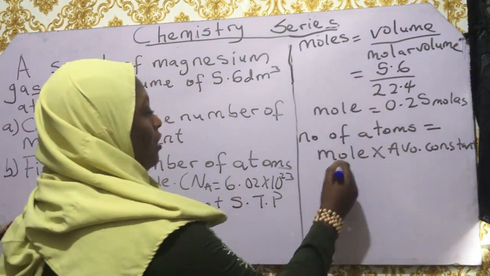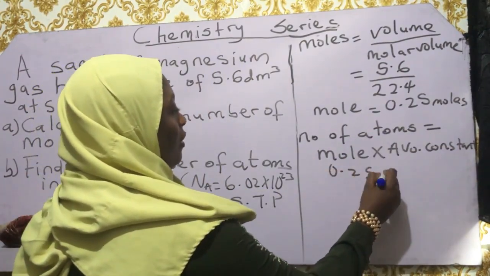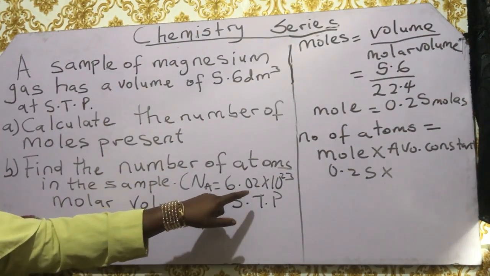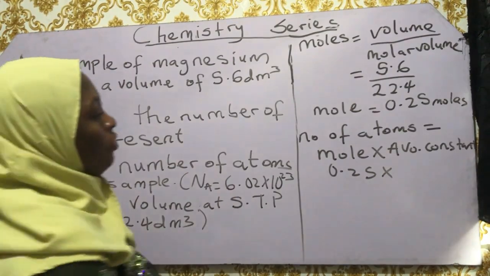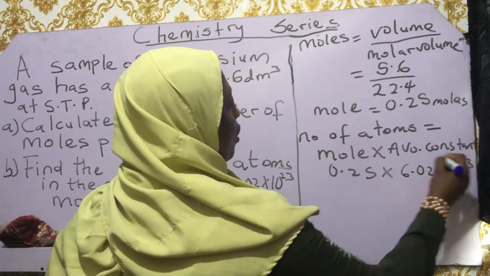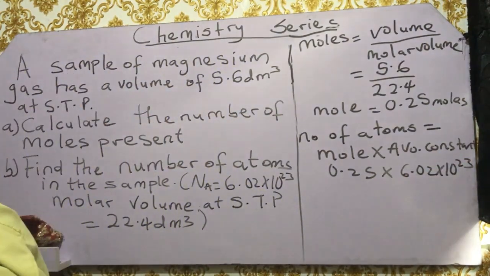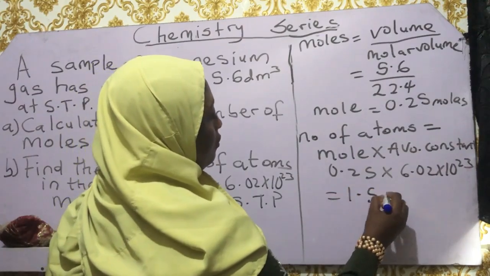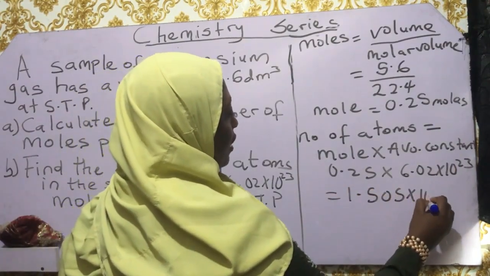So the mole is 0.25 and Avogadro's constant is 6.02 times 10 to the power 23. When you input this value into the calculator, you have the number of atoms to be 1.505 times 10 to the power 23 atoms.